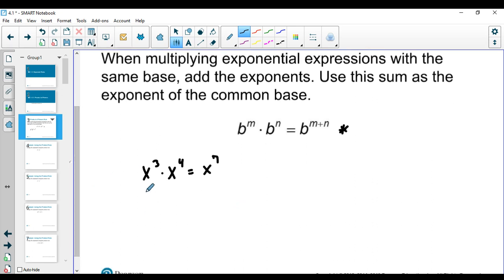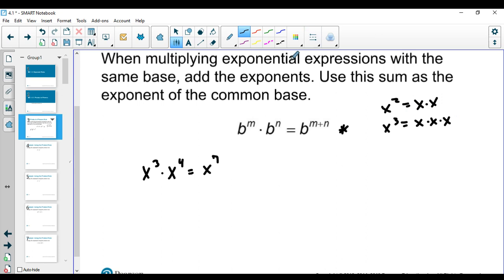Now, why does that happen? Well, remember what something squared means. If you have something squared, that means times itself. If you have it cubed, then that means times itself 3 times, and so on.